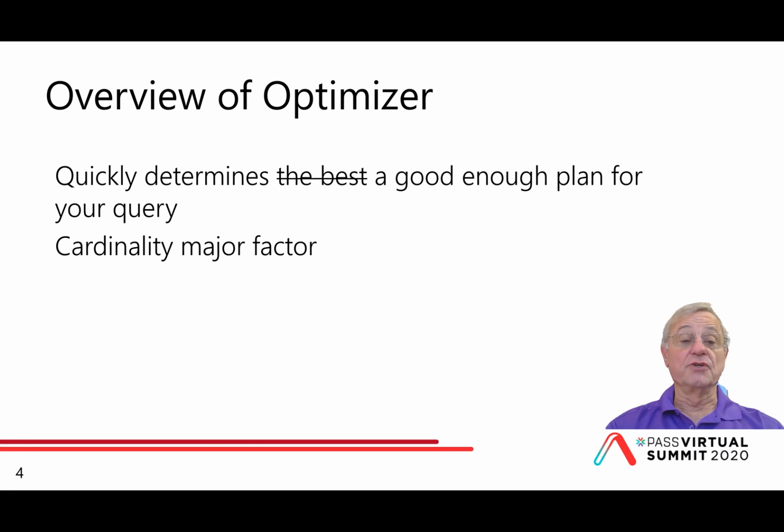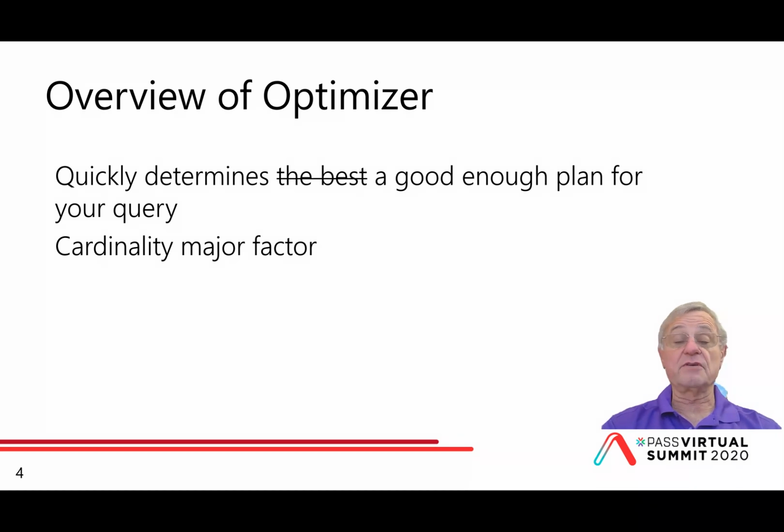The optimizer uses those cardinality estimates to determine how best to execute a plan. For instance, if it's going to join two tables, and each of them has 10 million rows expected out of them, it's going to say, that's a hash match. I'm going to see what a hash match looks like with that, because it's a whole bunch of rows.